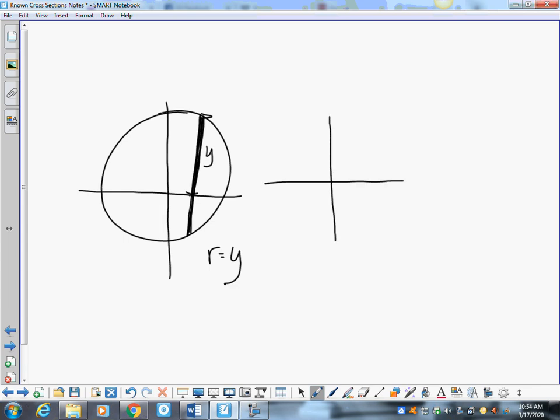But if you have something like this, where this is the shaded part, and you're slicing it this way, and let's say we're slicing it with a semicircle, your R is not just y.